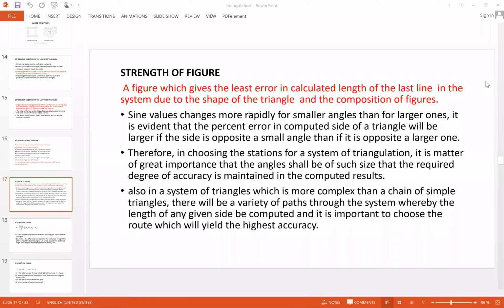So it is evident that the percentage error in the computed side of a triangle opposite to the smaller angle will be larger as compared to that opposite the larger angle. So this is the basic idea behind that, and that is why we go for well-conditioned triangles.